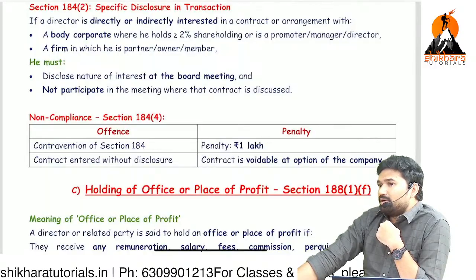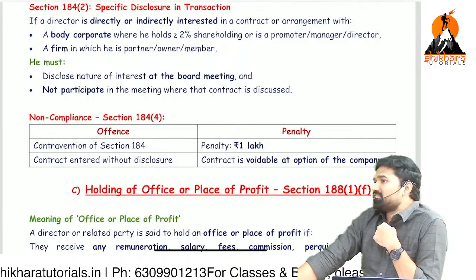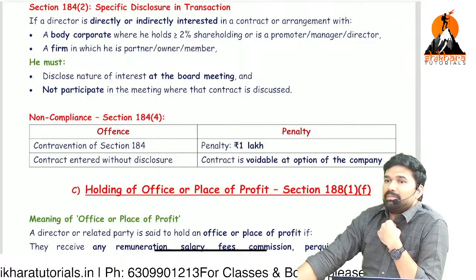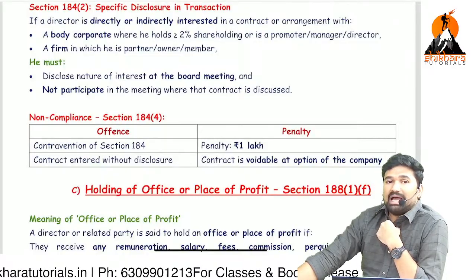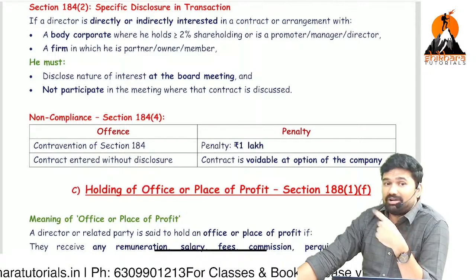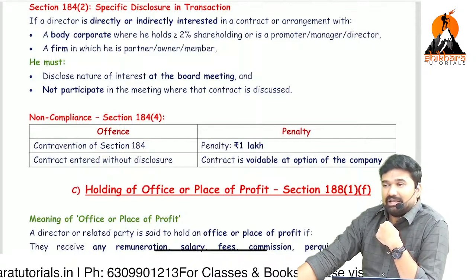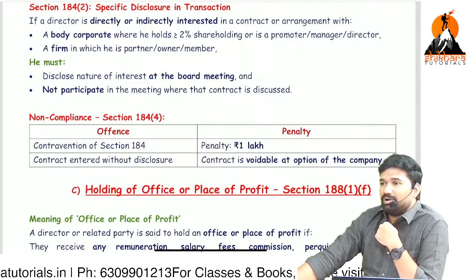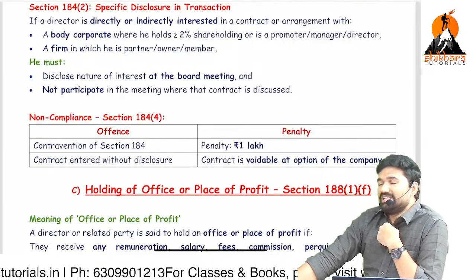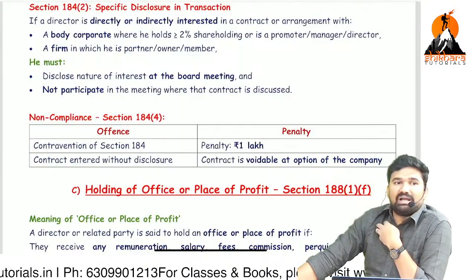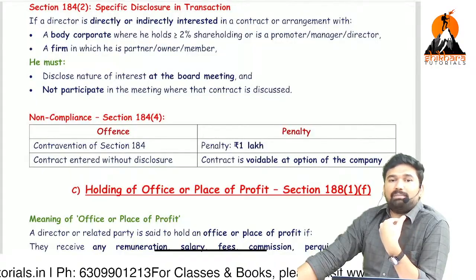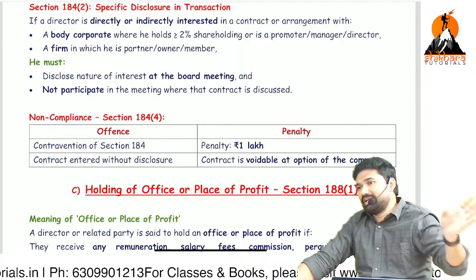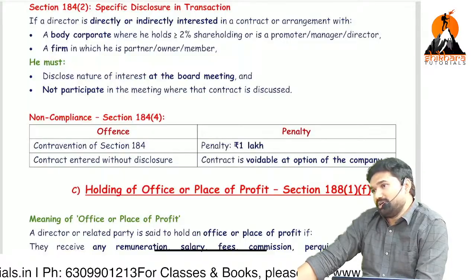After entering into the contract, after 1 month, they observe the shareholding pattern, and the company directors come to know that I am actually holding 4%, not 1%. Then the contract can be voidable at the option of the company. They'll simply state that they are the aggrieved party, I am the defaulting party, and they blame me and cancel the whole contract. There is a possibility also.